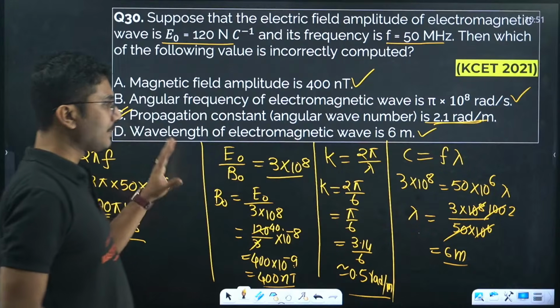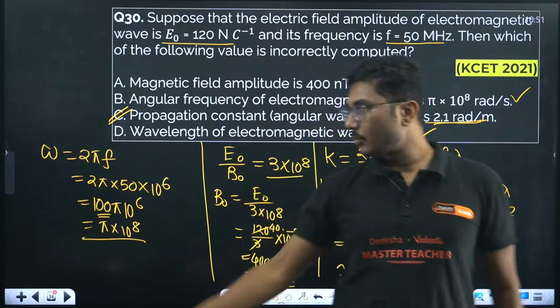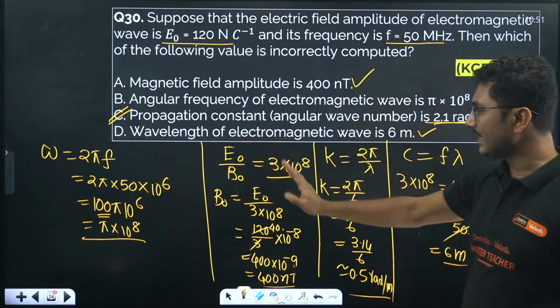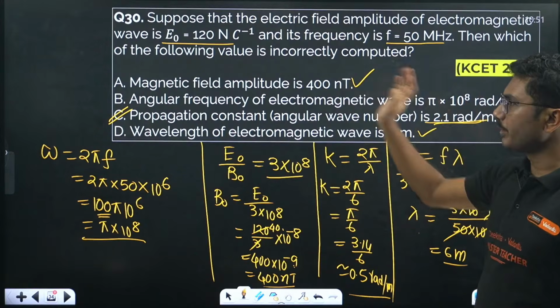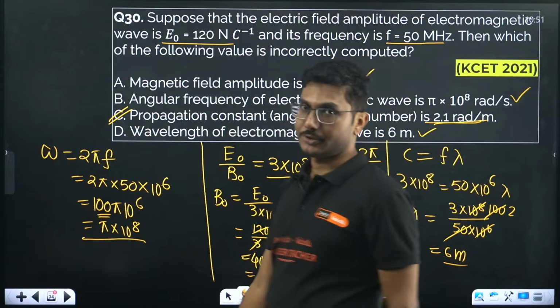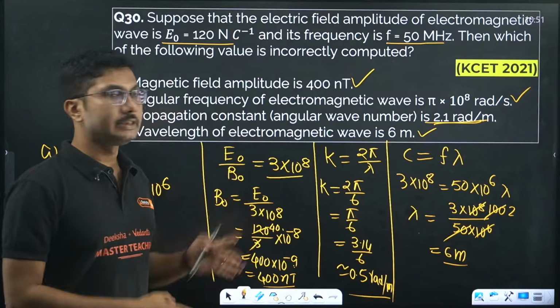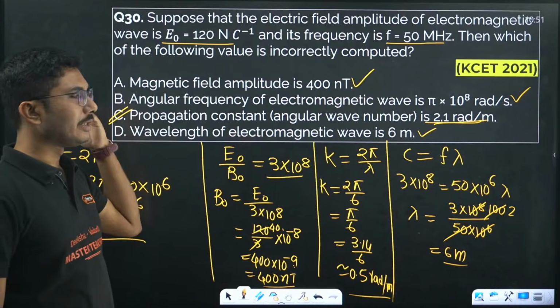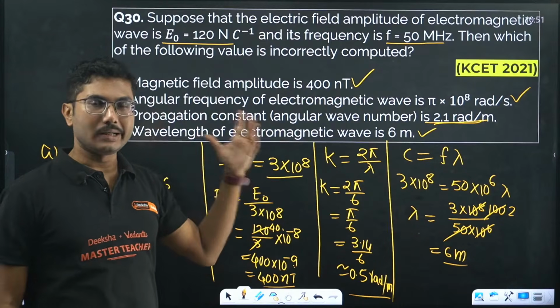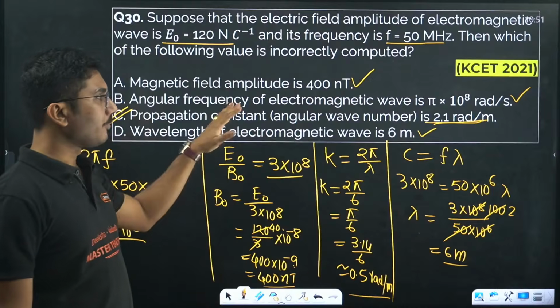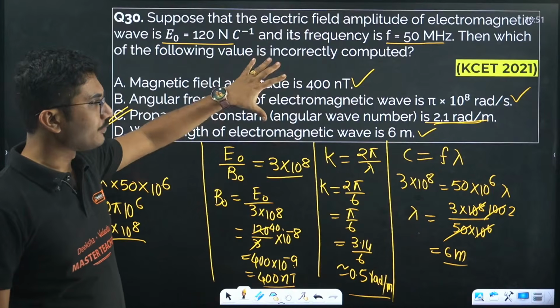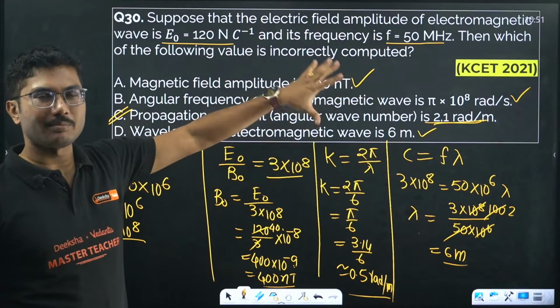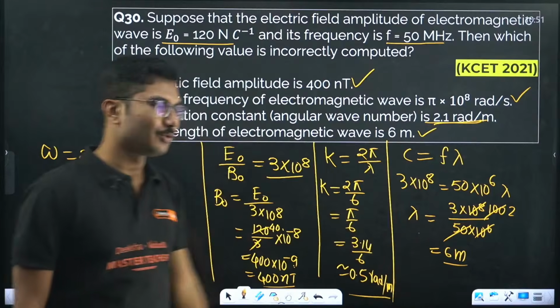Again, as I mentioned, this is one of the difficult questions. You have to verify each and every option to eliminate the incorrect option. This is not an easy question. Here you cannot even guess the answer, because any guess would be a wild guess. All the values look random, but they are actually coming out to be correct.